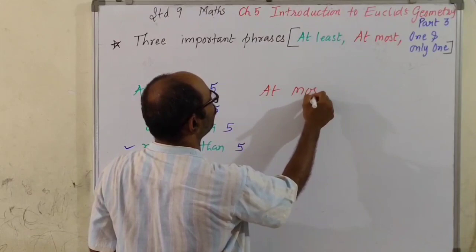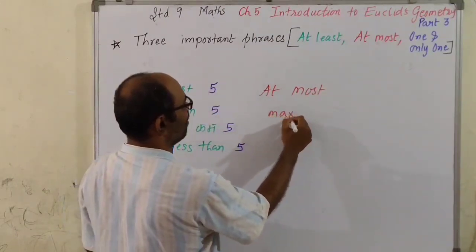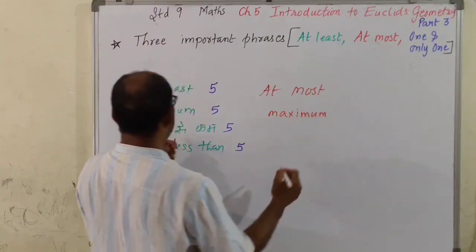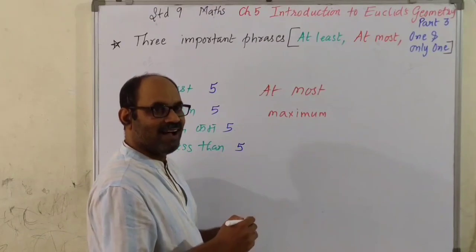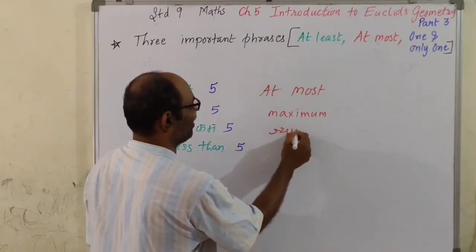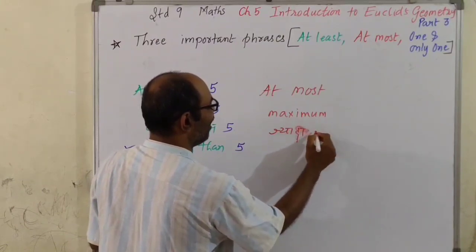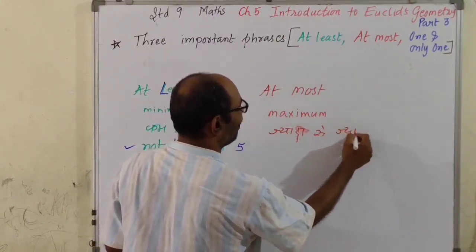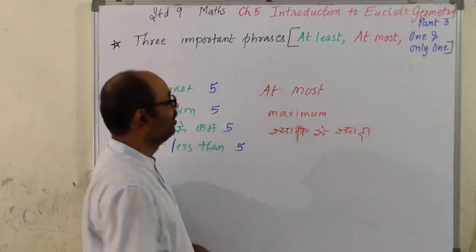At most. Minimum, here maximum. Kam se kam, zyada. ज्यादा से ज्यादा.